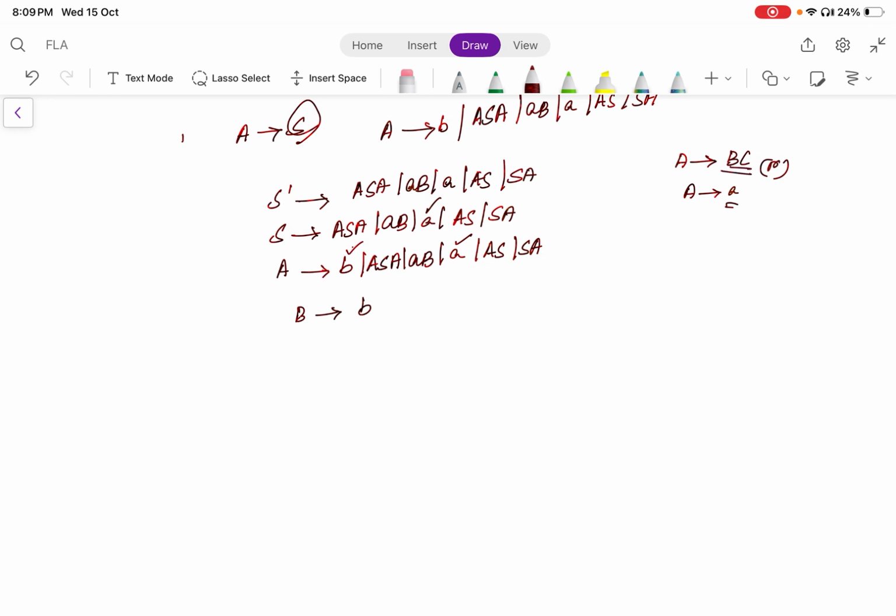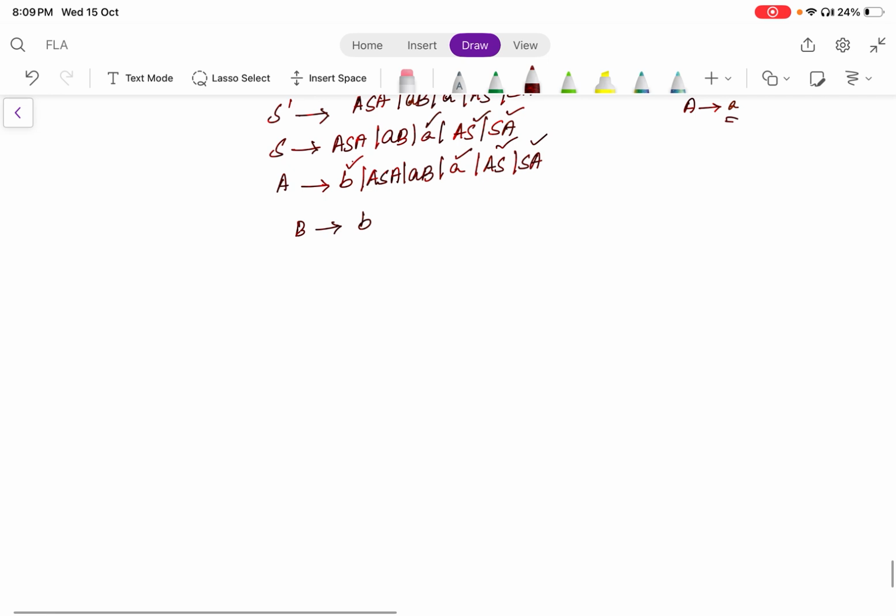Now check which one is of this form. This one is already in CNF. All these are in CNF. Now which are not in CNF? S dash tends to ASA is not in CNF, and S tends to ASA is also not in CNF, and A tends to ASA is also not in CNF.